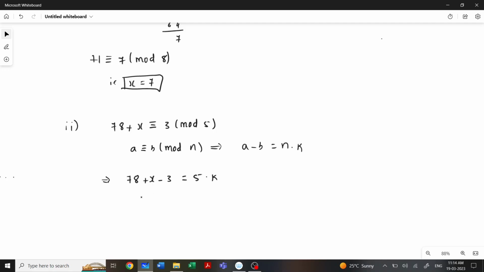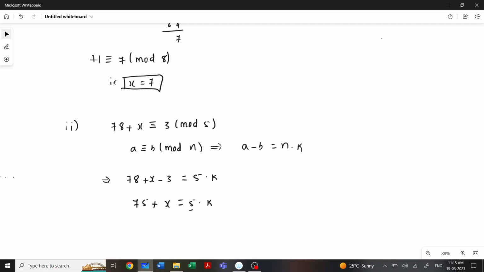So 78 minus 3 is 75, plus x is equal to 5 into k. How do we calculate the value of x such that LHS equals RHS for different values of k? The RHS is a multiple of 5, that is, 5, 10, 15 like that. So the LHS must be some number divisible by 5. This is how we have to think.